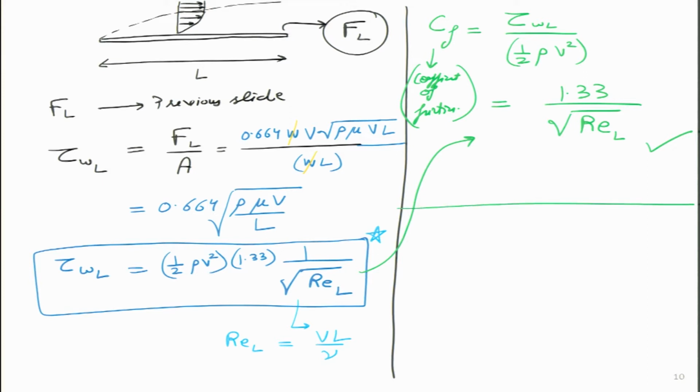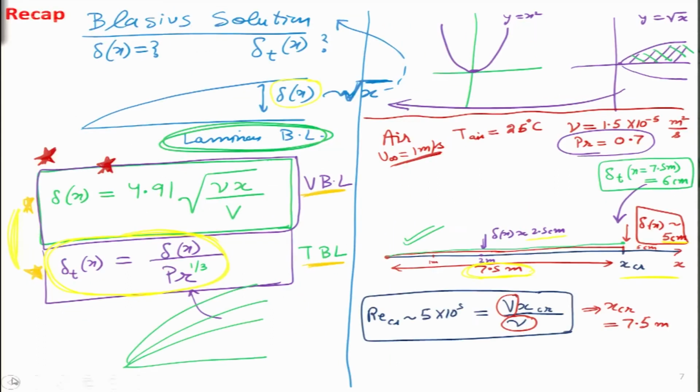Let me do a quick recap of what we have done in the last 5 minutes and where we started from. We actually started from the Blasius solution. You remember yesterday we had looked at the Blasius solution, and from there we got the value of delta x. Then we plugged in this particular equation.